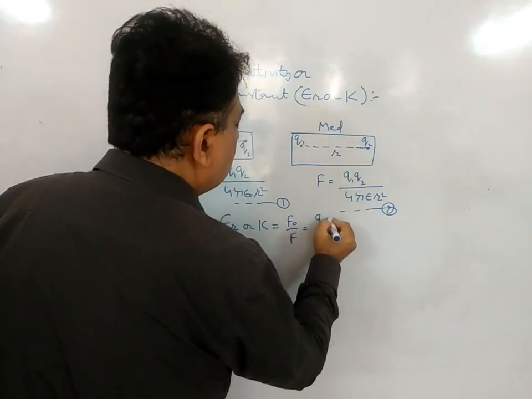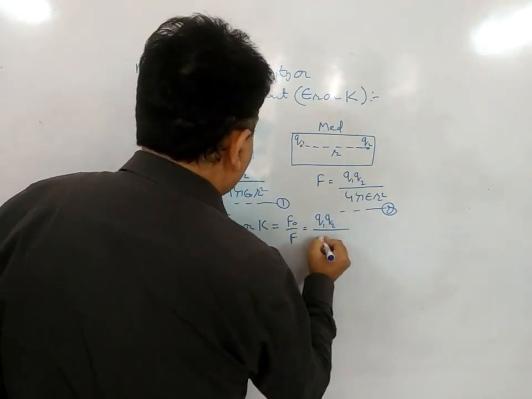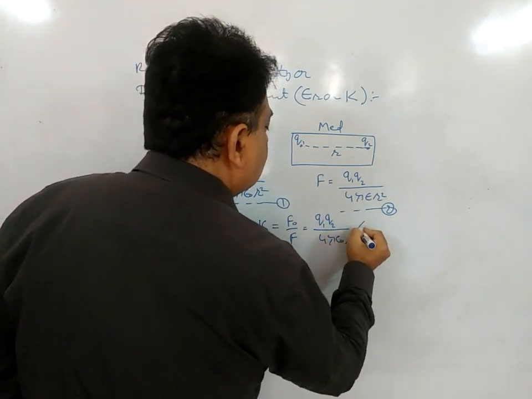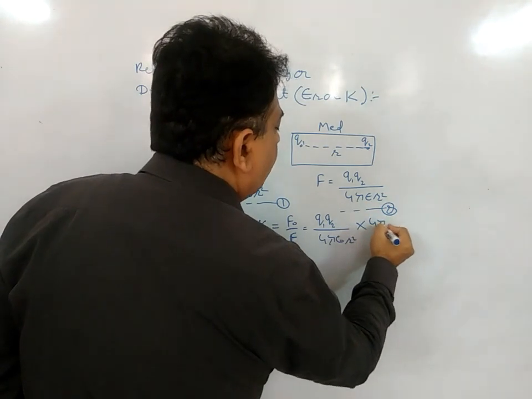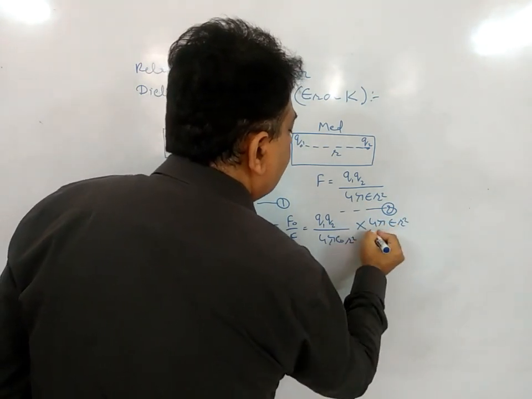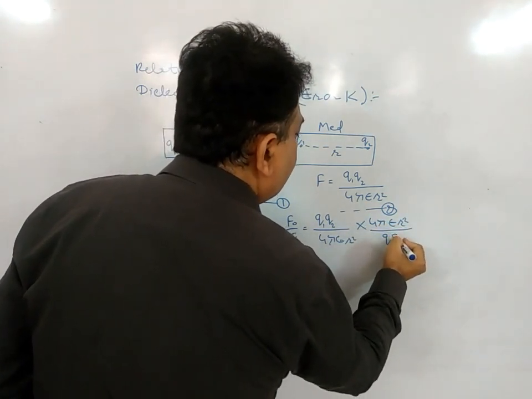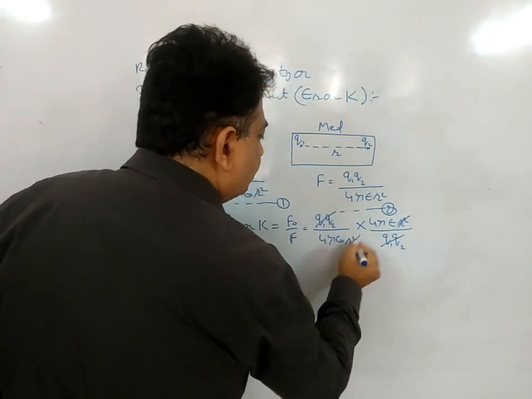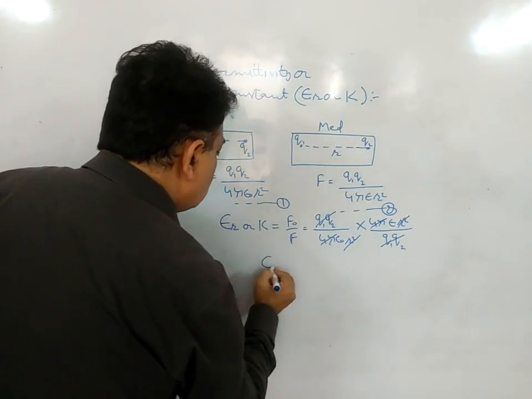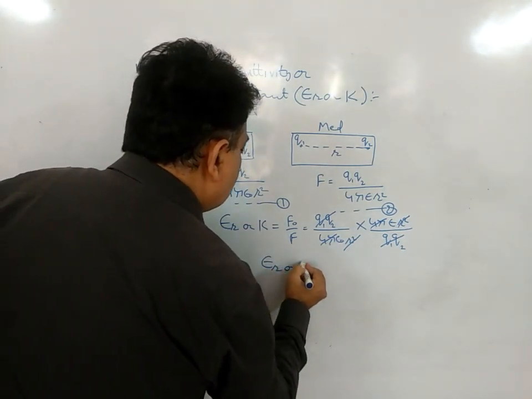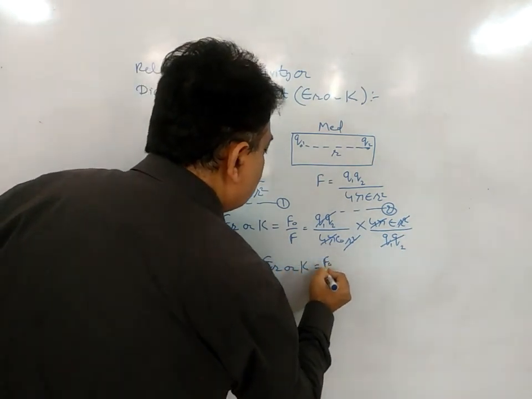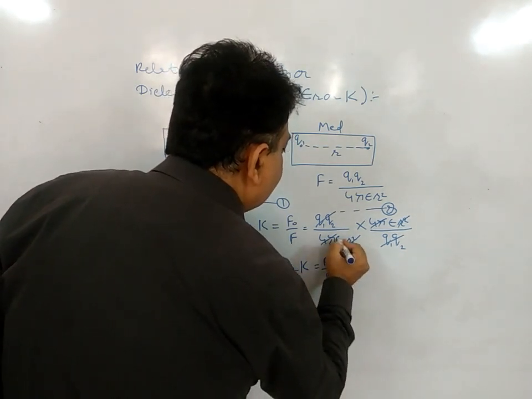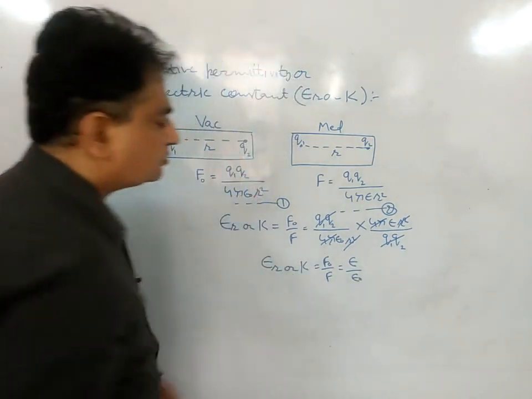This is q1 q2 divided by 4 pi epsilon naught r square, and this is 4 pi epsilon r square divided by q1 q2. Cutting the terms, we get epsilon r or k equal to F naught by F, which is also equal to epsilon by epsilon naught.